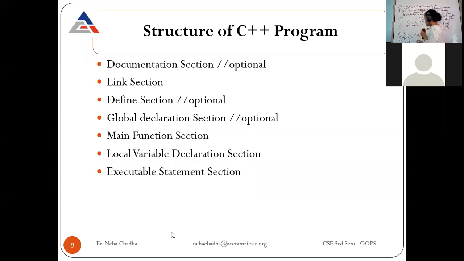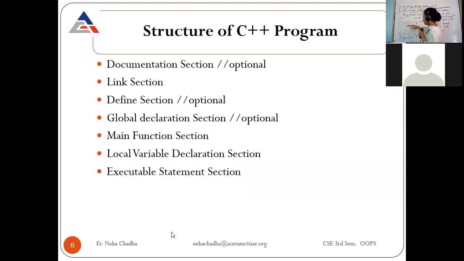And getch is to hold output until you press any key or enter. It will depend. The coding of both these functions is in conio.h, the console input output. If I'm going to use these two functions, then I have to add conio.h.